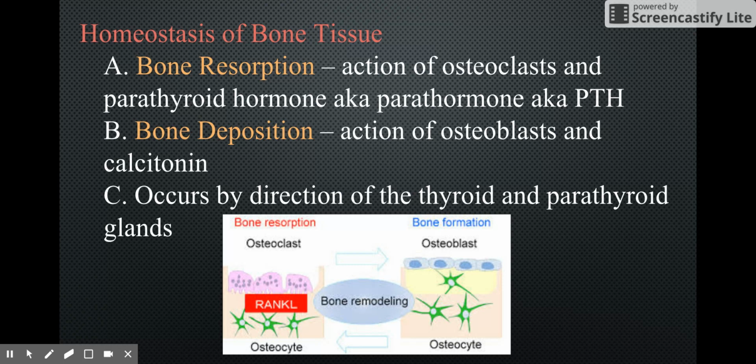So osteoclasts are the ones that break down bone, and osteoblasts are the cells that actually build up bone. And this is all directed by some of your hormones. So your thyroid and your parathyroid glands produce hormones that tell your body that we need to reabsorb some material from bone or we need to add material to bone.